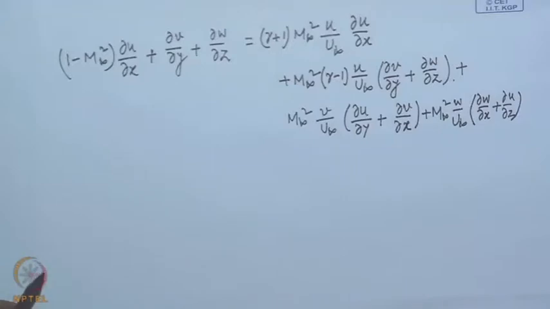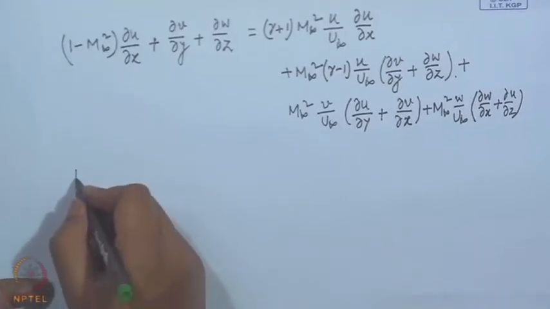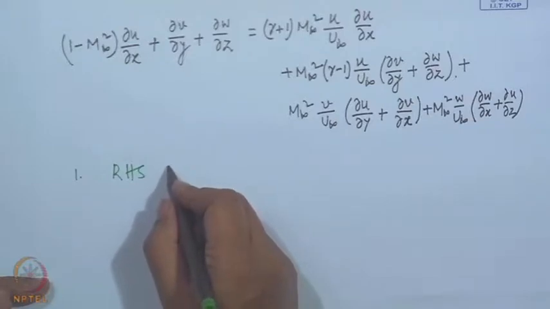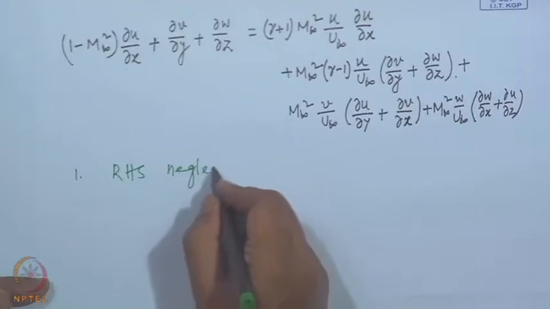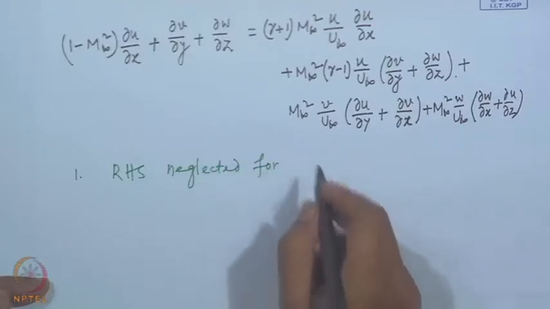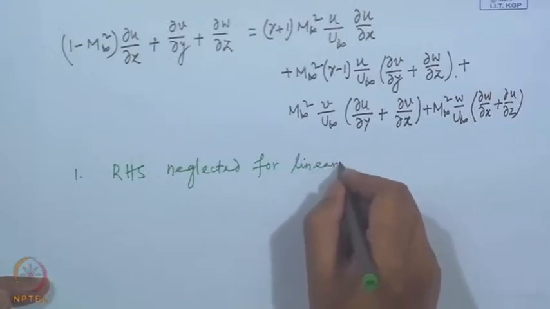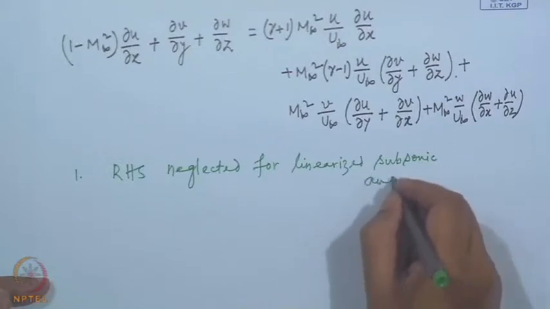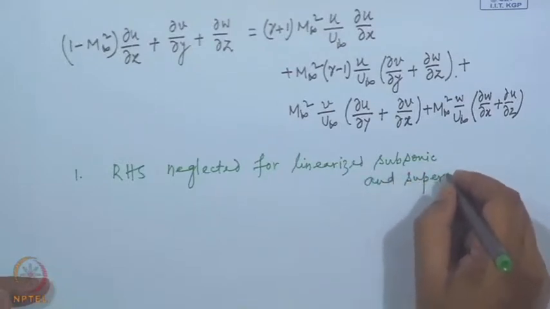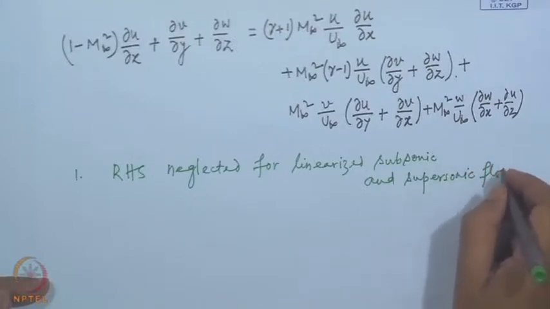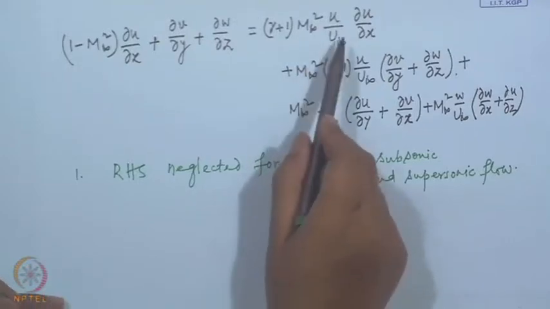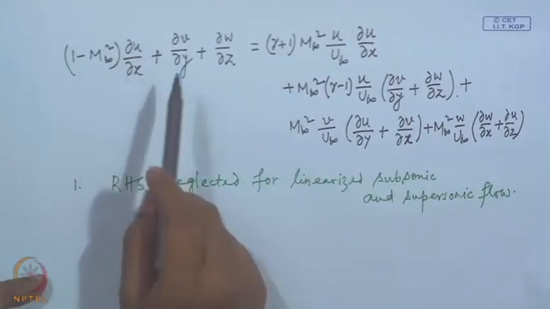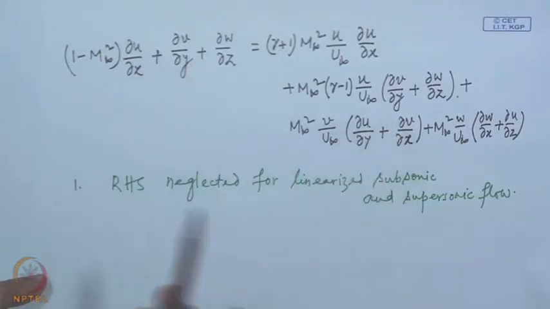So the right hand side is completely neglected, so that the perturbation velocities themselves do not appear anywhere in the equation, only the gradient of the perturbation velocity appears on the left hand side, making the equation linear.